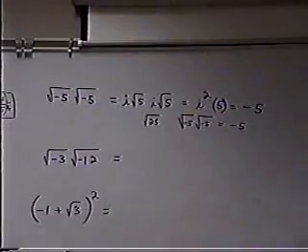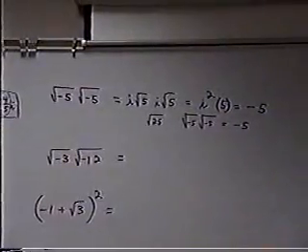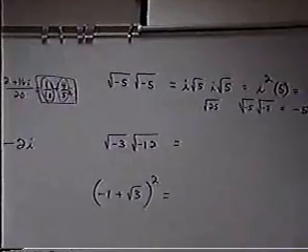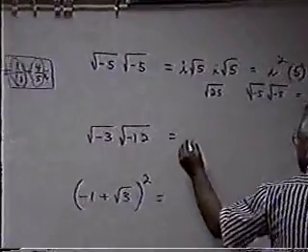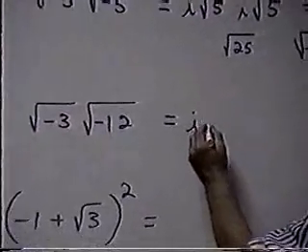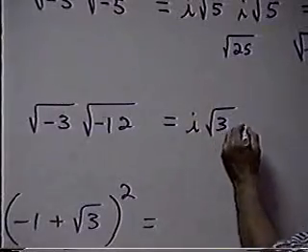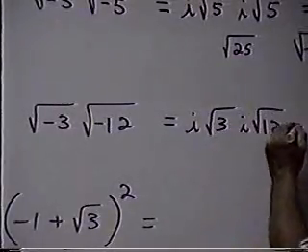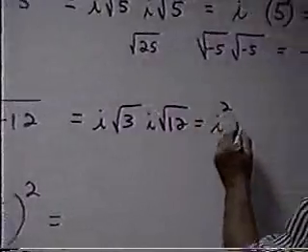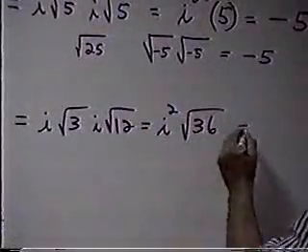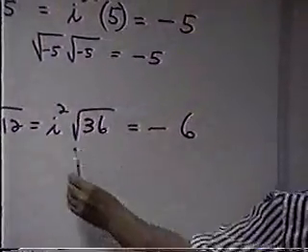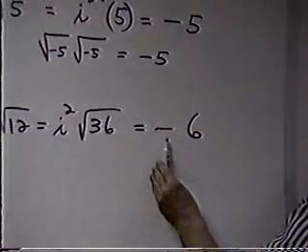All right, let's look at the next example. Square root of minus 3 times the square root of minus 12. Okay, so this would be i times the square root of 3. i times the square root of 12. That's i squared times the square root of 36. And so our answer is minus 6. The i squared gives us minus 1.